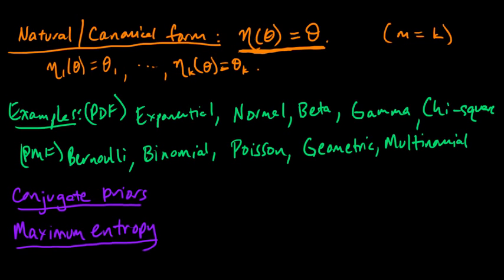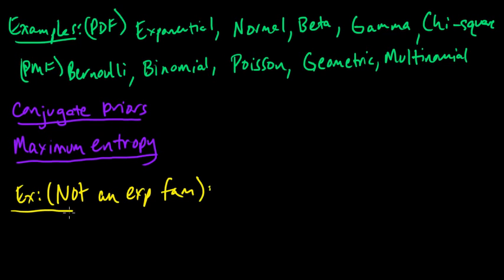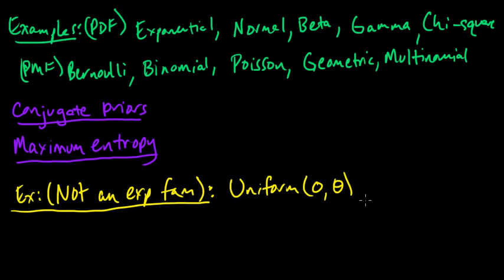Oh, and let me briefly, one last point here, give you an example, without proving it, of something that's not an exponential family. The classic example of a distribution which is not an exponential family is the uniform distribution on the interval from 0 to theta.